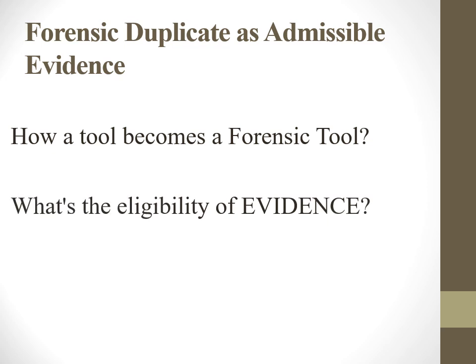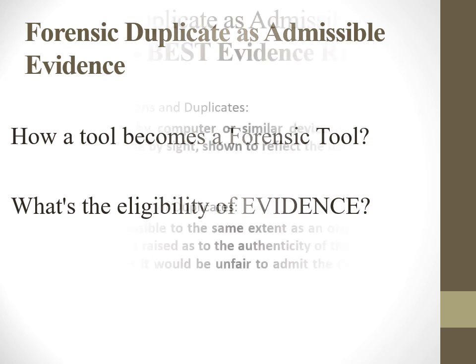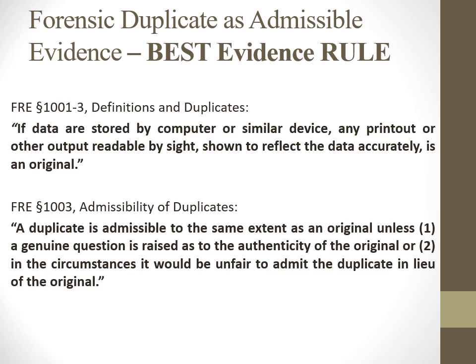I also want you to find out what the eligibility of evidence is. So now, when we're talking about digital evidence, we did mention what we call the best evidence rule.